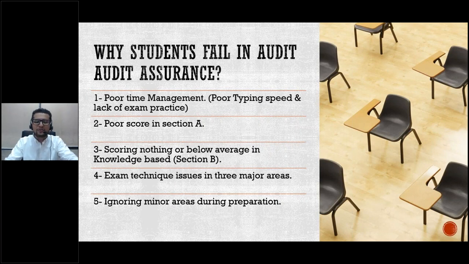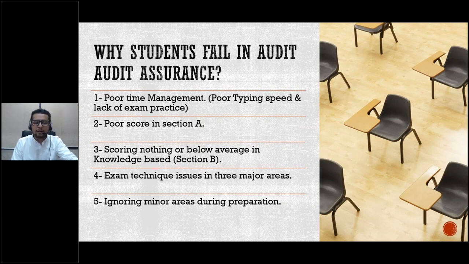I have tried my level best to teach you the exam technique, or the answer technique, with respect to audit risk, the internal control systems, and substantive procedures. Now comes the last part, and that's the only part which is yet to be addressed by me during this series of webinars. That is the minor areas.